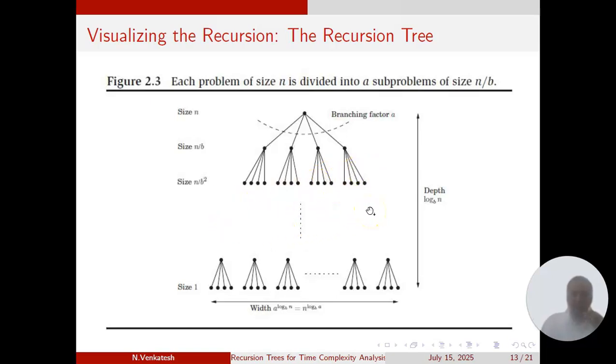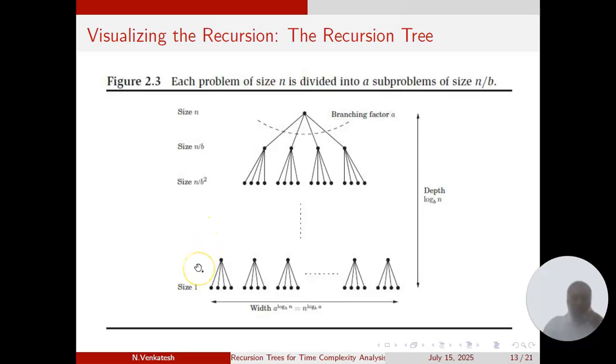At the ith level we will have a power i subproblems, each subproblem of size n by b power i. And the depth, because in each iteration step you are dividing by b, is determined as follows.